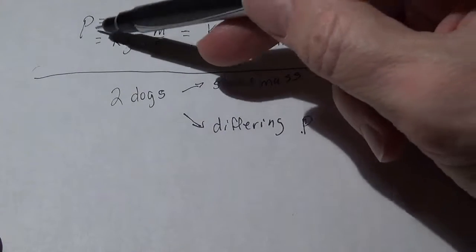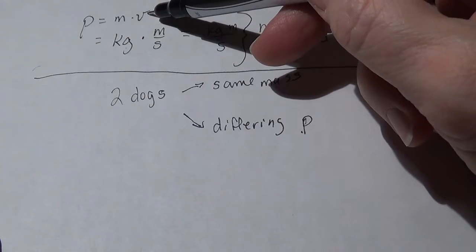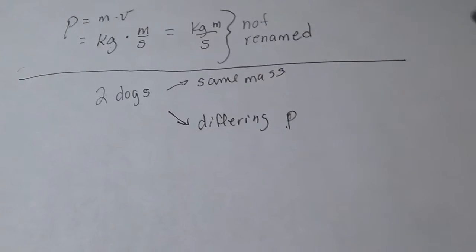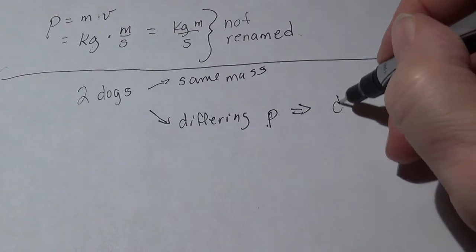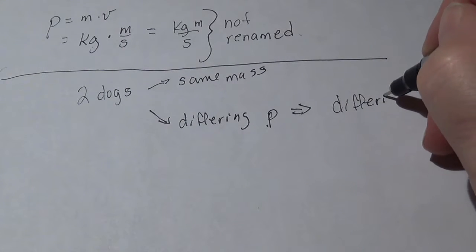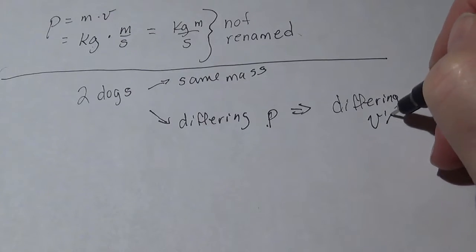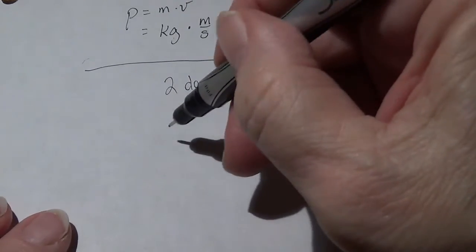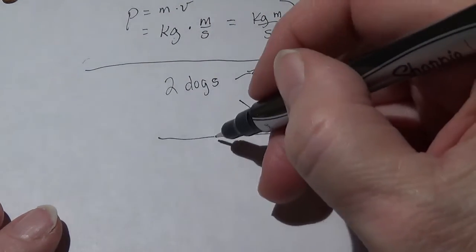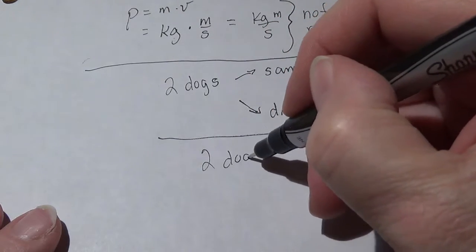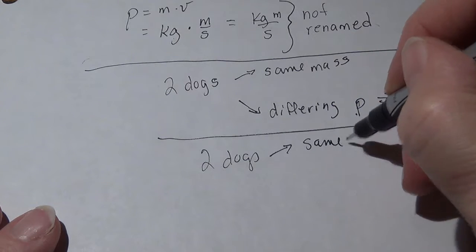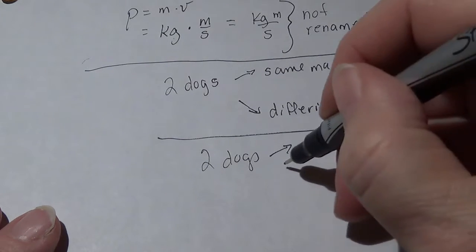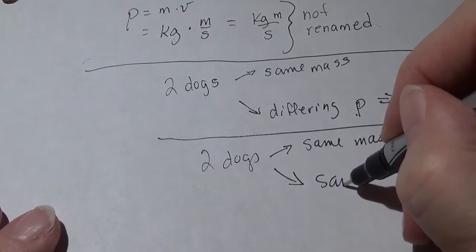Well, recall that momentum is mass times velocity. They might have the same mass, but they must have differing velocities. All right. Woof woof. I hear two more dogs. This time, they have the same mass, and they have the same speed.